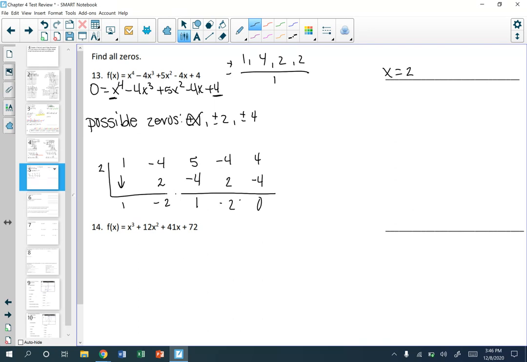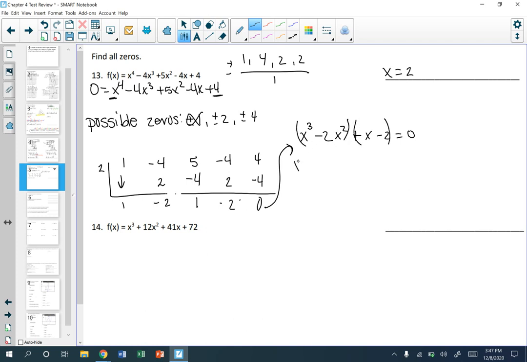Now I'm left with, I'm going to rewrite this as x, remember I started with x to the 4th, so now I have x to the 3rd minus 2x squared plus x minus 2. All right, now I notice this is 4 terms, so I'm going to first try factor by grouping.